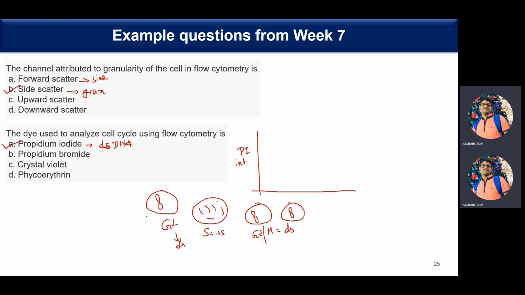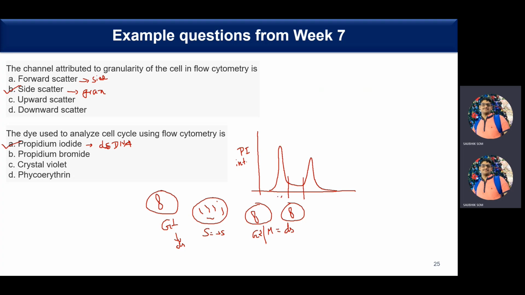At the G1 phase, since there is all double-stranded DNA, we have a peak like this, correct? But at S phase, there will be a decrease in the peak, and again at the M phase, we'll see a peak. So like that we can divide.